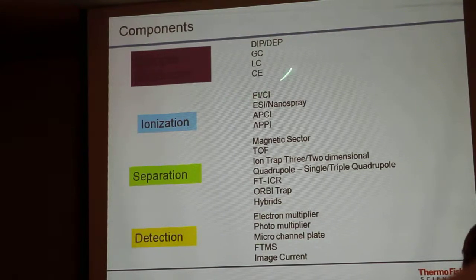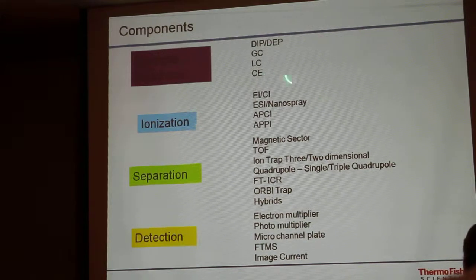Of course, the GC is a very common inlet for mass spectrometry, as is HPLC, and we see variable acceptance of capillary electrophoresis as an introduction method. CE and mass spectrometry are not natural friends, and so we kind of have to force them to be friends. And sometimes people think it's worth the effort, sometimes they don't.